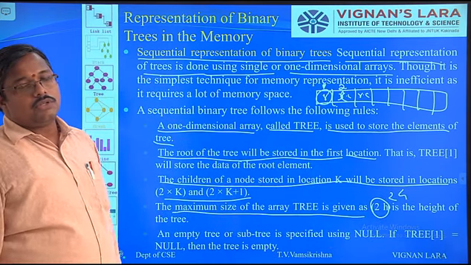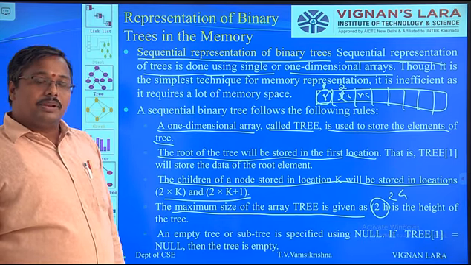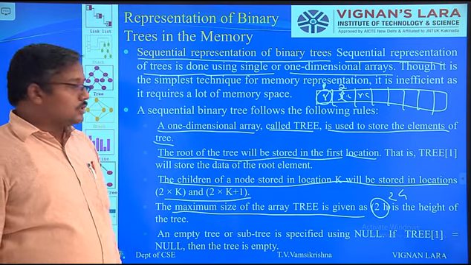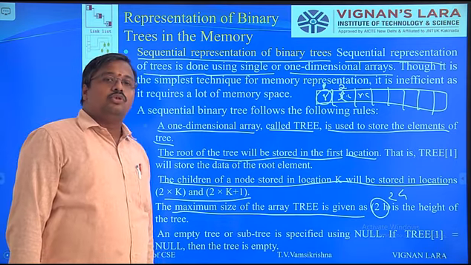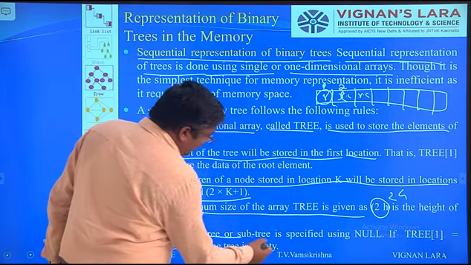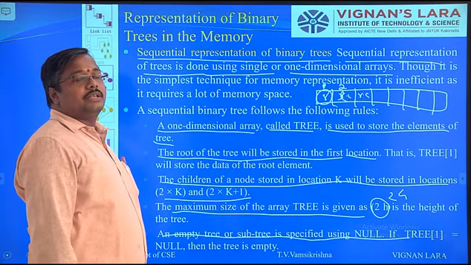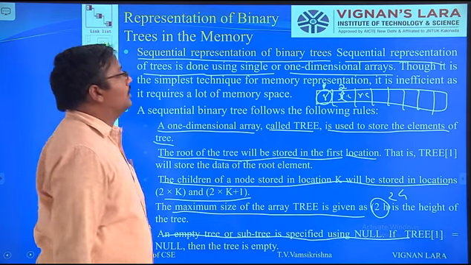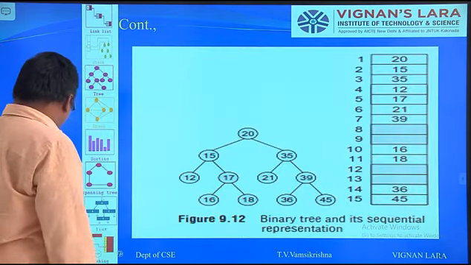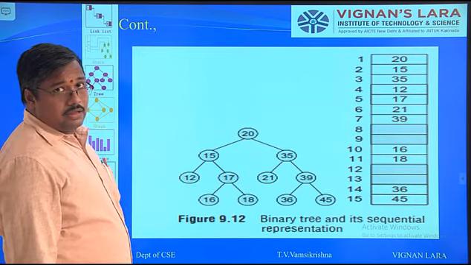So the array size should be 2 power h. And lastly, an empty subtree is specified using null. So this is the representation of a binary tree using arrays.